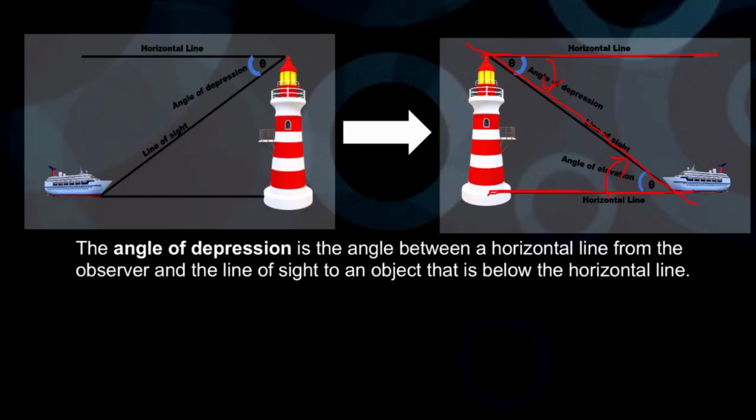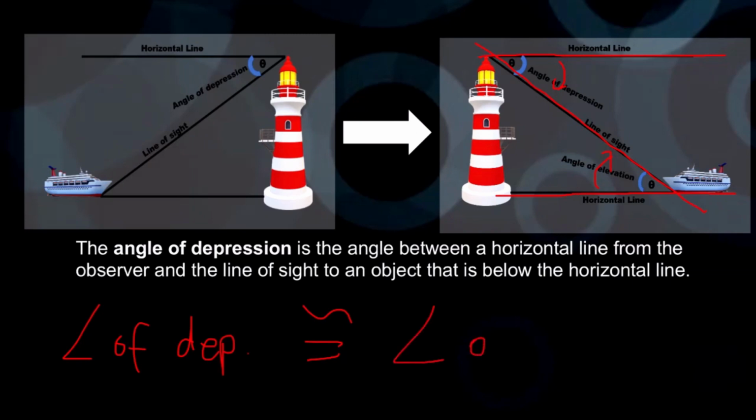Therefore, the interior angle of transversal line are congruent. Therefore, the angle of depression is congruent to the angle of elevation.